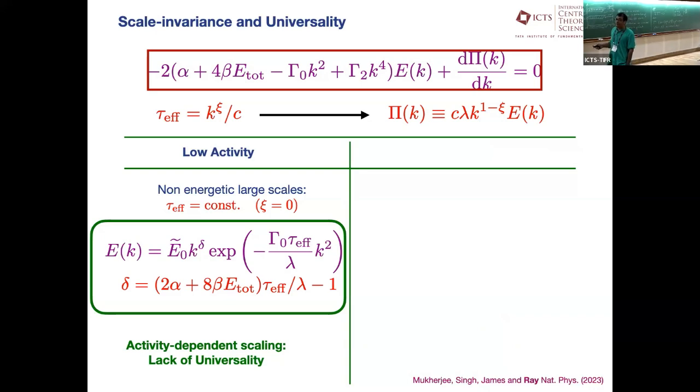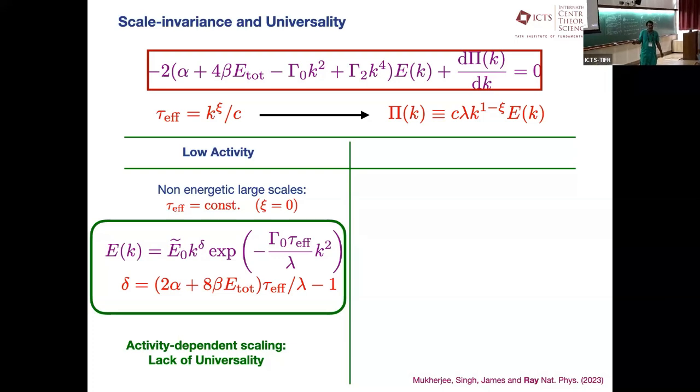What you end up getting is that, and I'll define what low is, for activity which is low, you assume that the effective time scale is constant. If you remember the Bratunov picture, you had an energy spectrum which went like this. So the large scales were hardly energetic. With non-energetic large scales, you get an effective time scale which is constant, xi equal to 0.